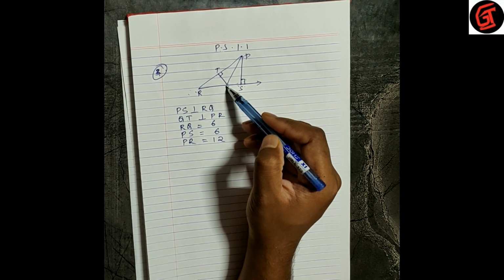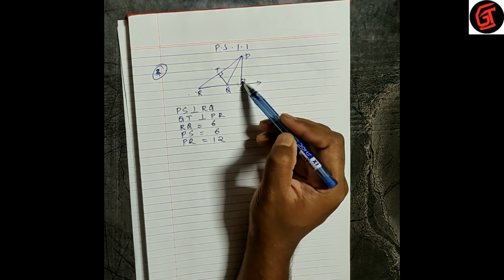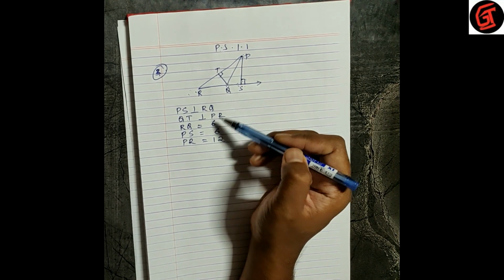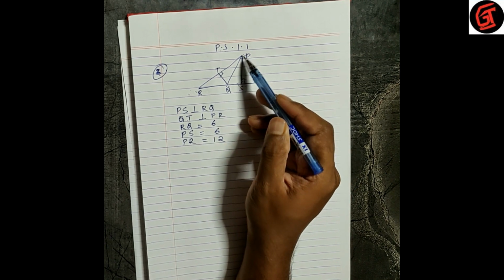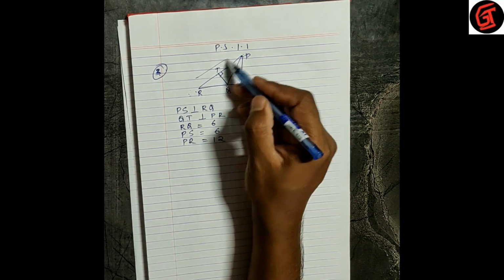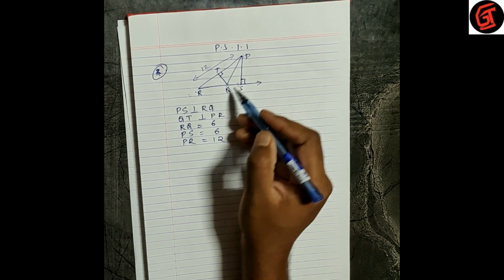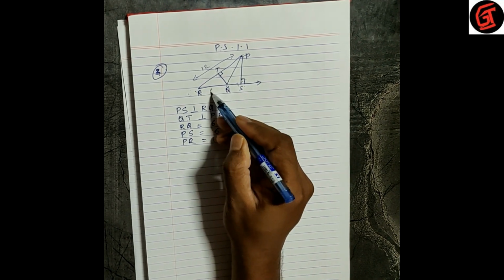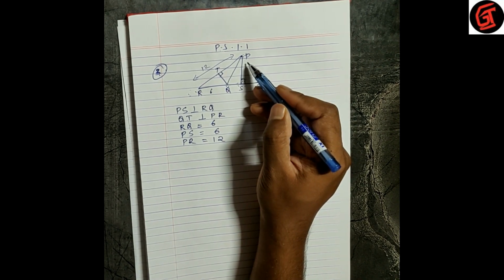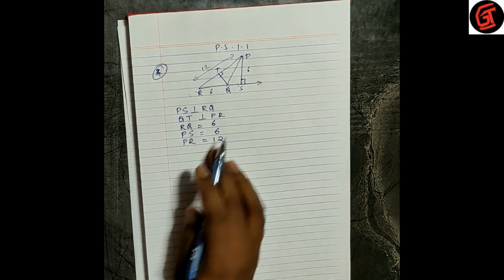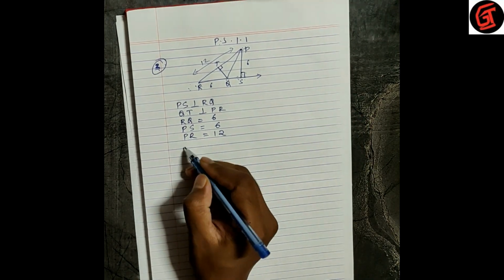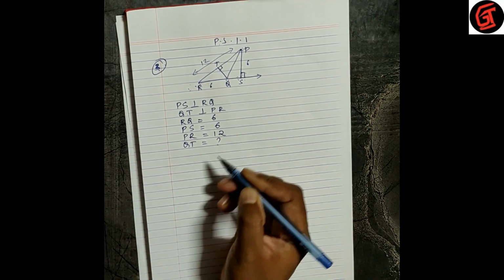Let's write it down. PR is 12, RQ is 6, PS is also given to be 6. What do we have to find? We have to find QT.